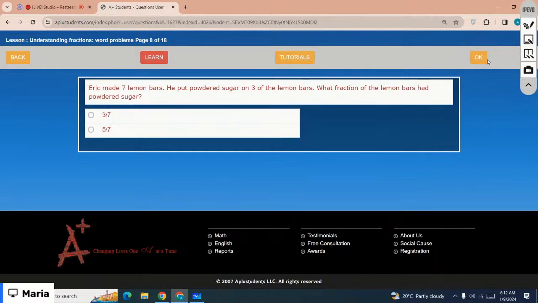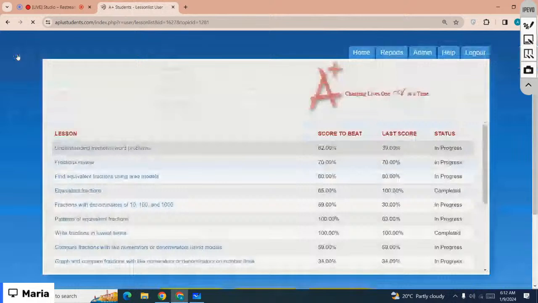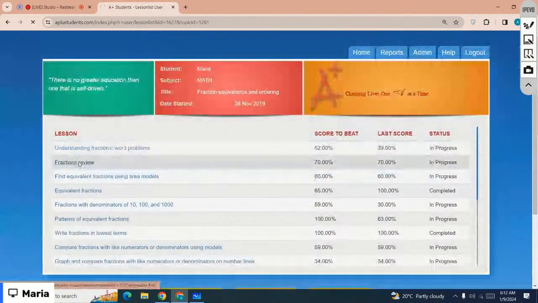The correct option is, yes, that is 3 out of 7. Okay, you can complete the lesson by yourself later today. Let me just move on to the next lesson, and the next lesson is fractions review.